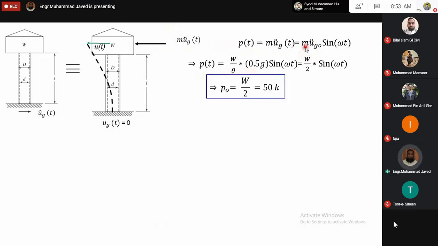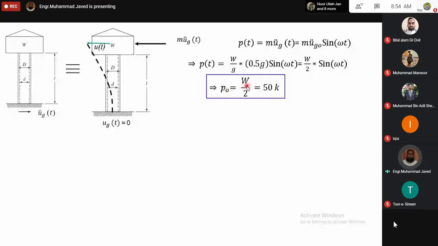So इसमें M जो है वो W by g, UG naught double dot is 0.5 g. So we get this equation. The peak value of this force is P naught, which is W by 2. Peak value इसकी कब होगी? जब sin omega t 1 के बराबर होगा. और consequently peak value जो है that will be W by 2. W is 100, so P naught is W by 2, 50 kips.